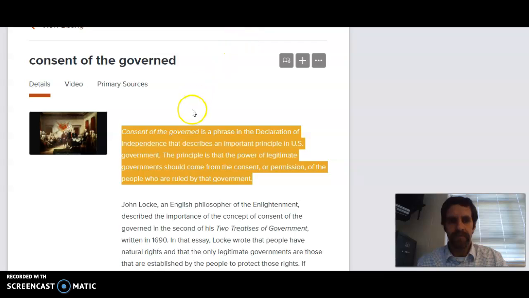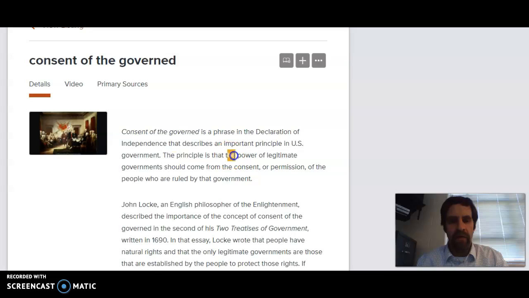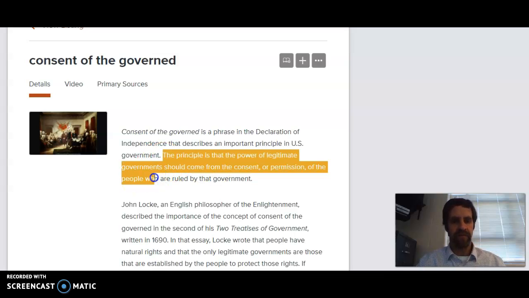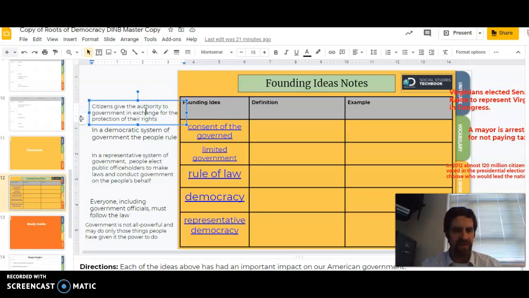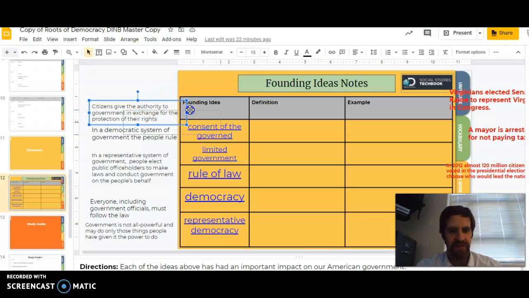Really, this is where I find the definition. All right, so I'm going to go back to my notebook now that I have a better idea. Citizens give the authority to government in exchange for protection of their rights. And that's it. They're giving authority or consent. So this definition fits right in here.